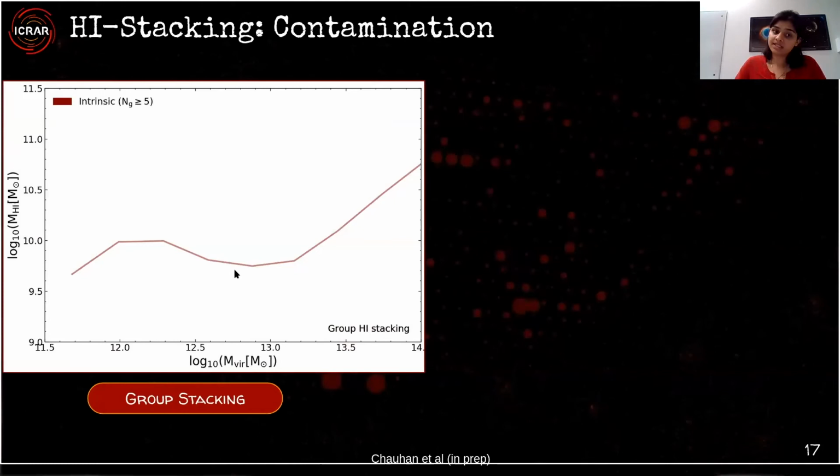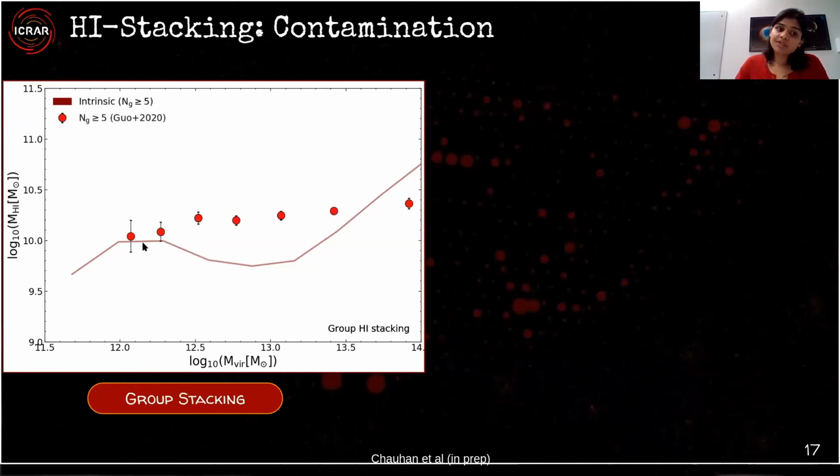When I say intrinsic HI-HM relation that I'm showing over here, this is for all the groups with at least 5 or more galaxies in them, because those have more reliable halo masses assigned to them, and it's easier to match up with them. So when I say intrinsic, I mean all the galaxy groups which have at least 5 or more galaxies that are under the magnitude limit of SDSS in this case.